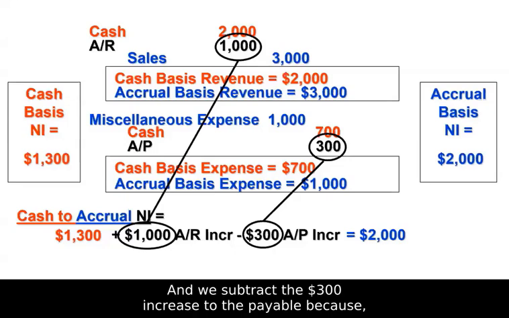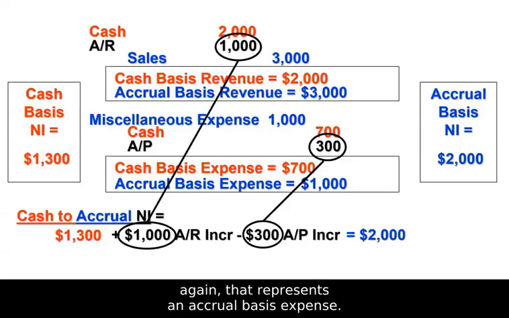And we subtract the $300 increase to the payable because, again, that represents an accrual basis expense. It is not a cash basis expense. So we treat it as an additional expense and subtract it to get to our $2,000.